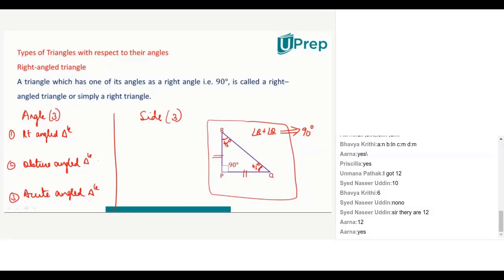On the basis of side, we have equilateral, we have isosceles, and scalene. Beautiful. Now let's look at these three. The right angle, we just discussed. We are clear with it. A triangle in which one of the angles is a right angle, that is 90 degrees, is called a right angle triangle.